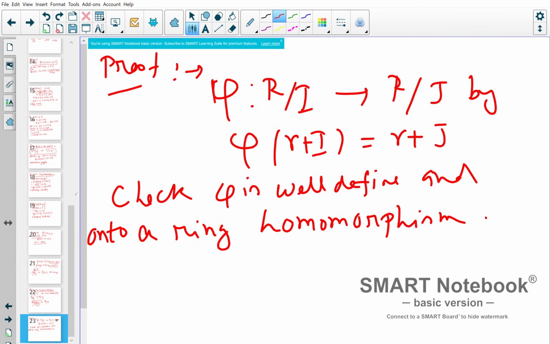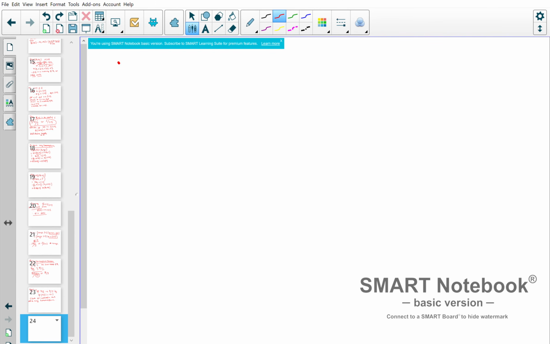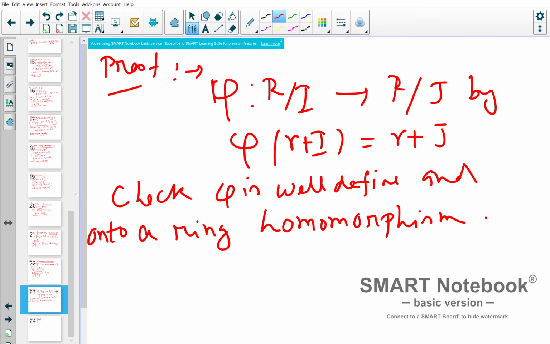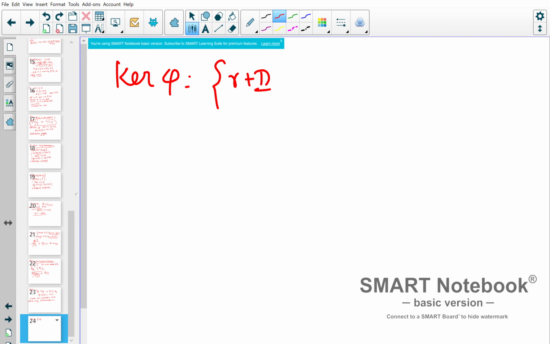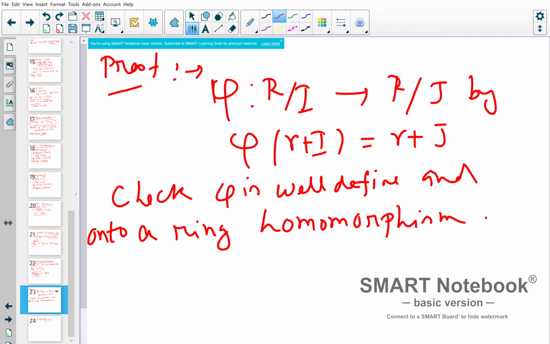Now what is the kernel of that thing? So let me find out the kernel. The kernel of this phi is the set of elements r plus I of R mod I such that the image, which is in R mod J, is nothing but the identity. So what is the identity of R mod J?